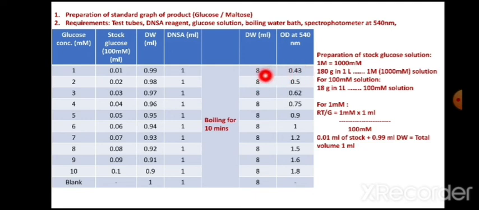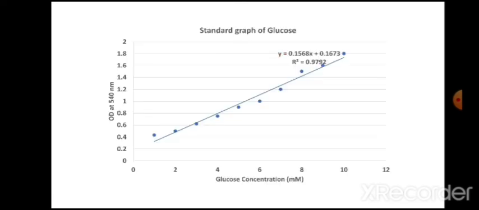Measure the optical density of all the tubes, and you will find that as the concentration increases, the optical density also increases. So now you have two parameters: concentration of glucose in millimoles and optical density readings. So we can plot a standard graph now like this.